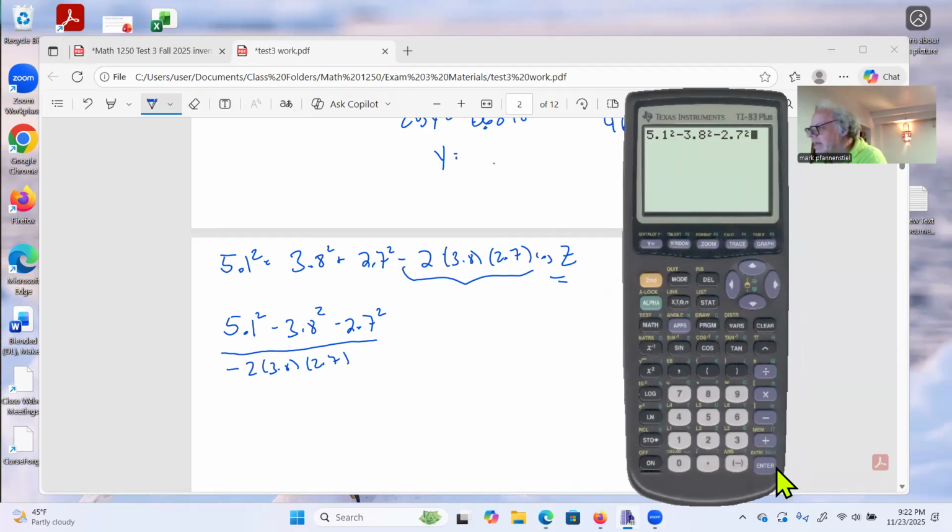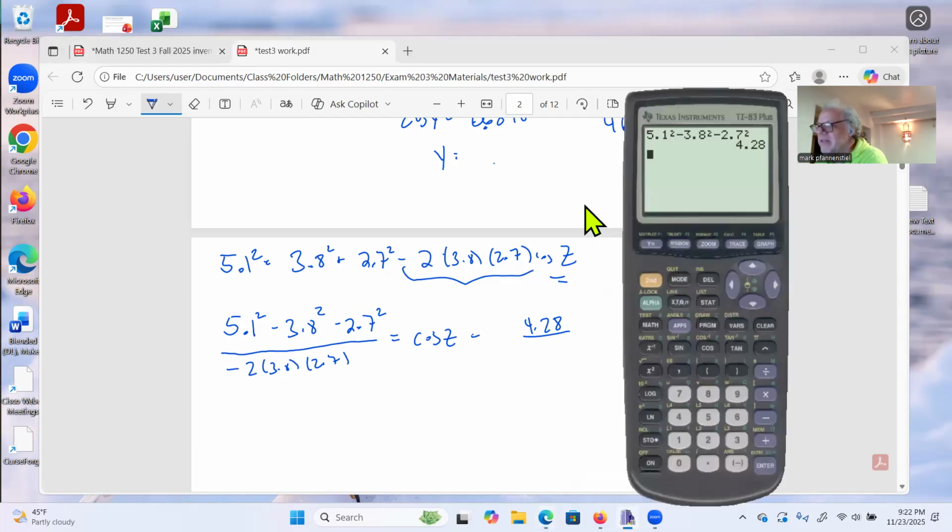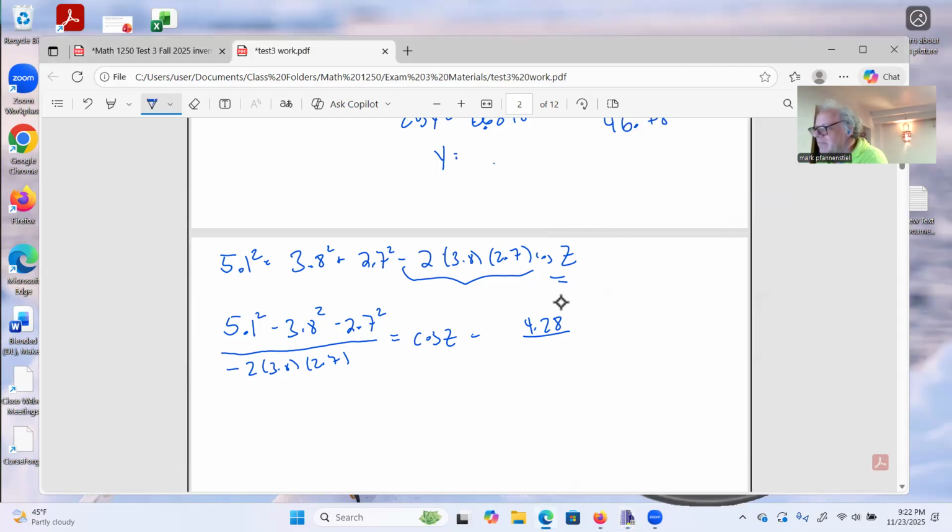Let me get this on the top, and that's 4.28. So cosine of z equals 4.28 on top. It's positive, which means when I figure out the bottom, it's going to be negative. So I want 2 times 3.8 times 2.7, and that's going to be negative 20.52.